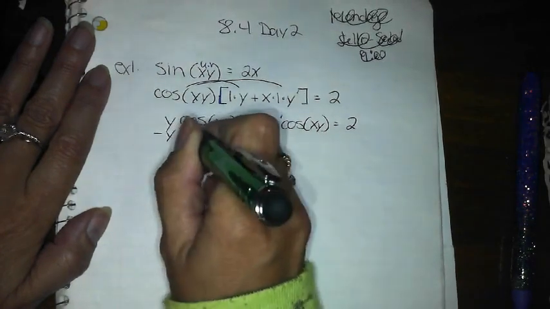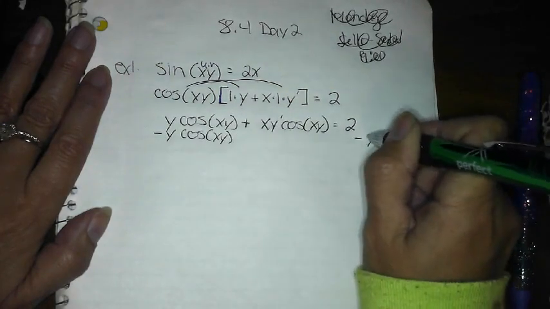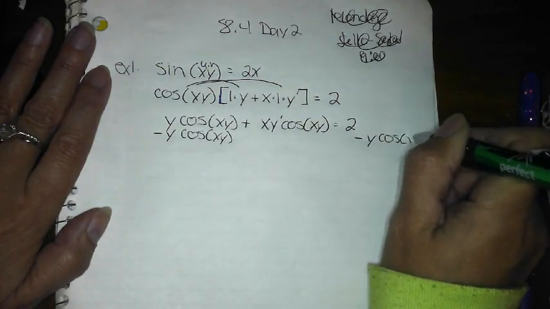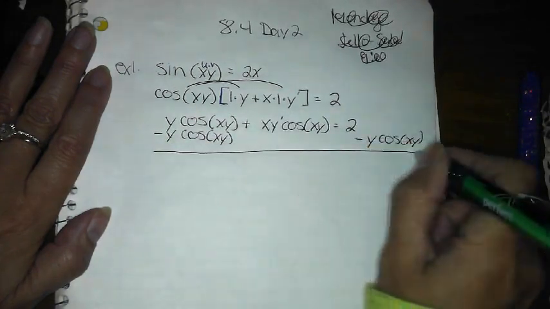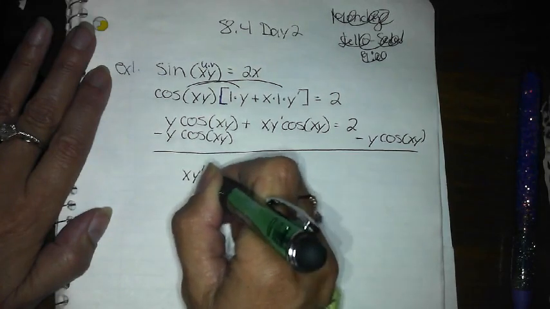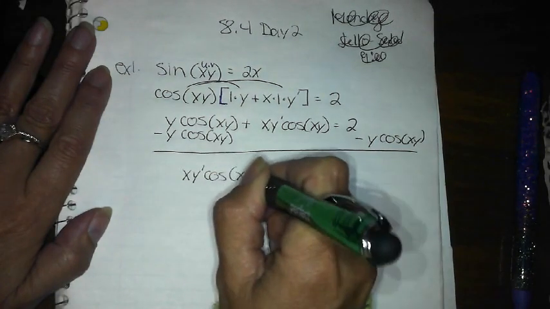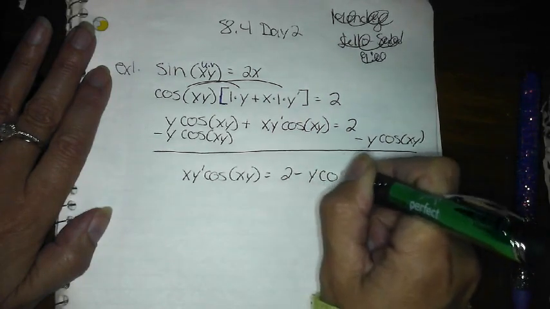So we will be subtracting that over. So we have x, y prime, cosine of xy equals 2, subtract y cosine xy.